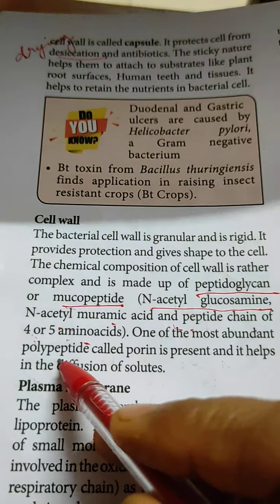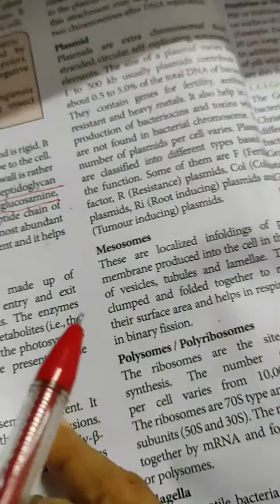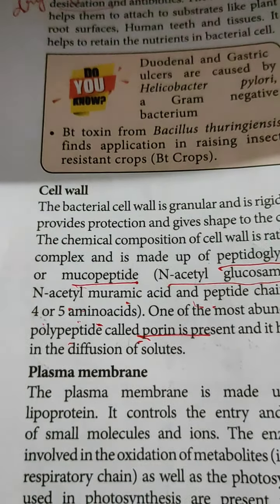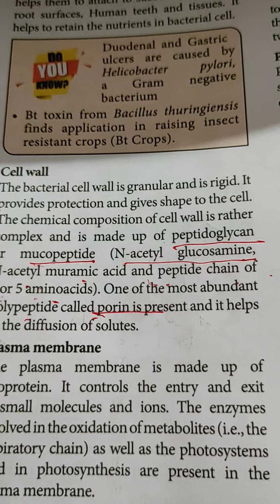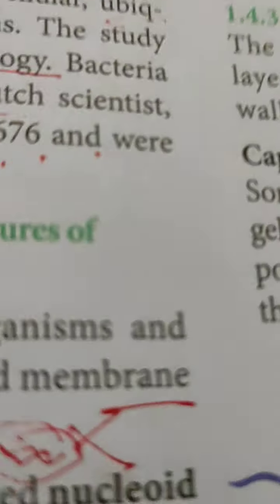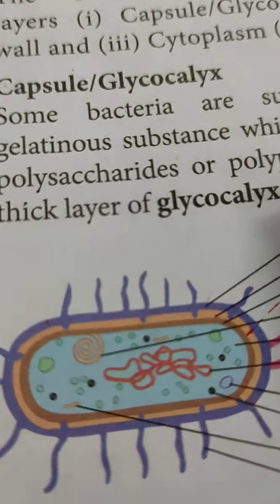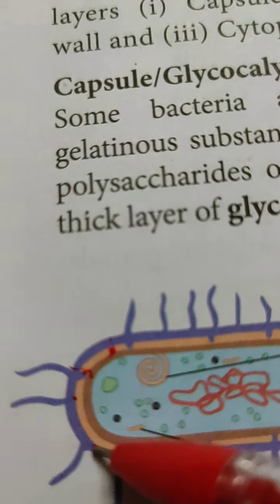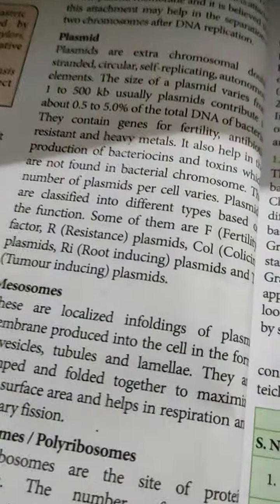One of the most abundant polypeptides is called porin, which makes the cell wall permeable. Porin, present in the cell wall, helps in the diffusion of solutes. Because of the presence of porin, the cell wall has certain pores here and there, so that substances can diffuse through the cell wall into the cell.